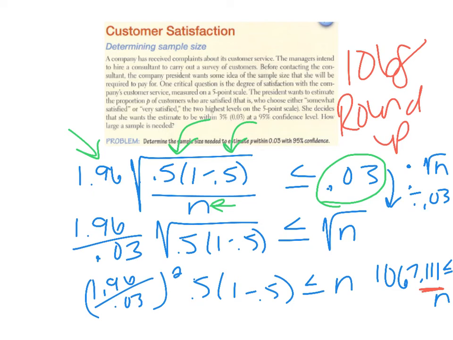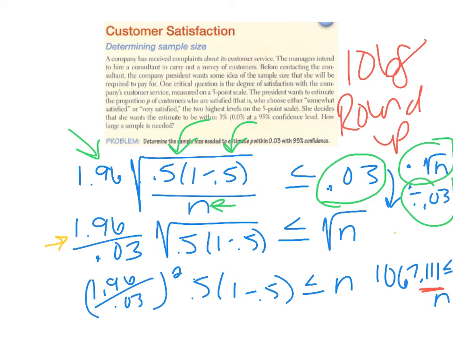So my next step would be to multiply both sides by the square root of n, and then divide both sides by 0.03. Holy cow. So then I end up with 1.96 over 0.03 times the square root of 0.5 times 1 minus 0.5 is less than or equal to the square root of n.